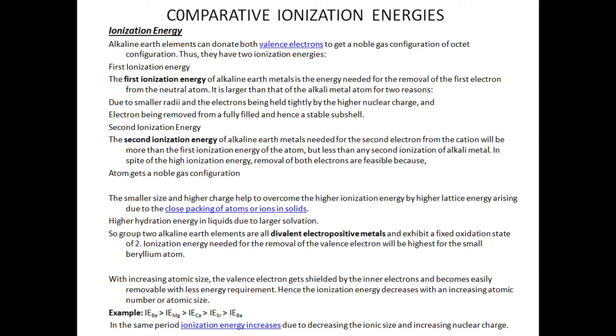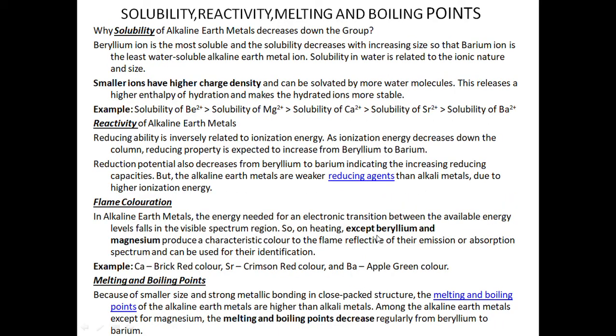In the same period, ionization energy increases due to the decreasing ionic size and increasing nuclear charge. Now we see the other physical properties like solubility, reactivity, flame coloration and their melting points and boiling points.